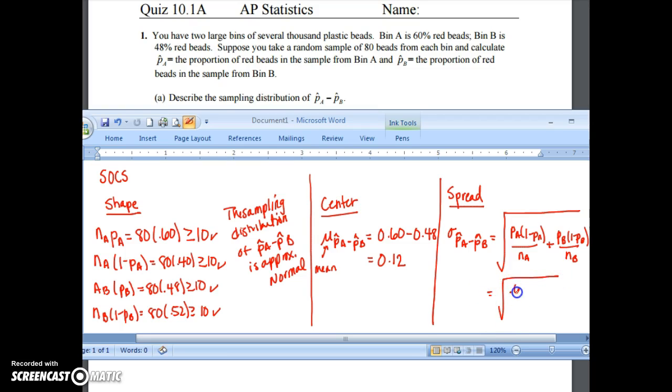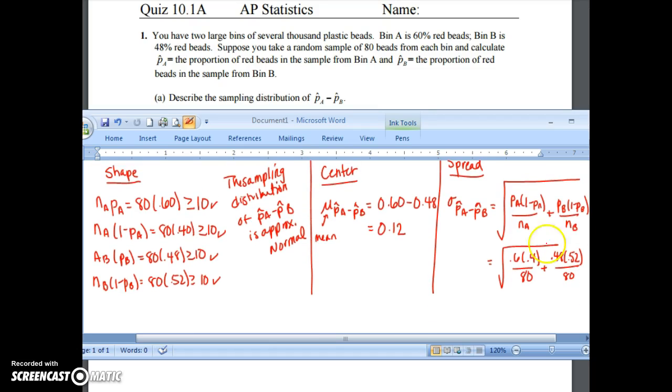So in ours, this is 60% times 40%. We took out 80 beads, plus 48 times 52, and we took out 80 beads from bin B. And then it's just a matter of plugging that into your calculator. When I plugged it into my calculator, I got 0.0782. So that is the spread of my difference for the two.